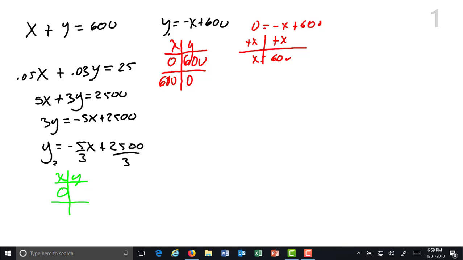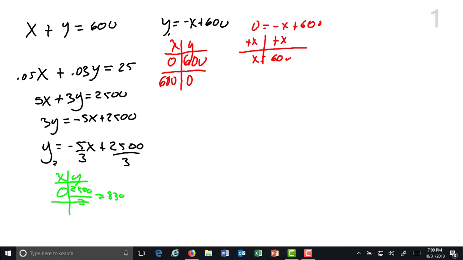Y equals 0 plus... 0 plus what? It's 2,500 over 3, right? Is that more like 7? It's about 800. You can do the exact math. Okay, roughly. This is for graphing.